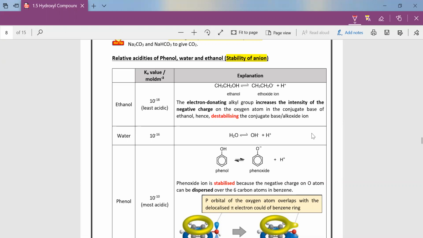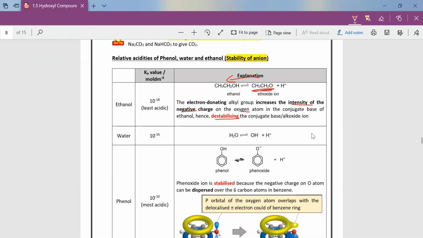When you look at ethanol, the electron donating group causes the intensity of the negative charge on the O atom to intensify. So this destabilizes the alkoxide, which is this thing over here. So the equilibrium tends to the left, and that makes it least acidic.